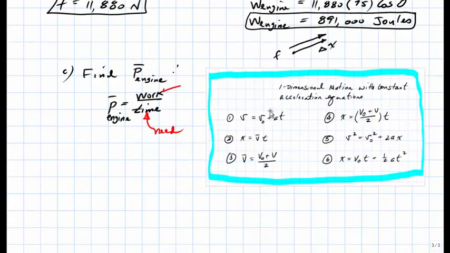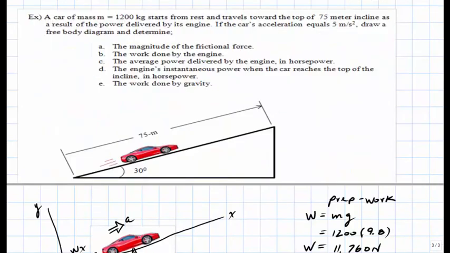Here they are, and let's take inventory of what is known within this problem. Now the problem notes that the car starts from rest, so V0 equals 0. It also travels a distance of 75 meters, so we know the value for x. And we also know the acceleration, so if we know those three things, we could certainly determine just about anything else.